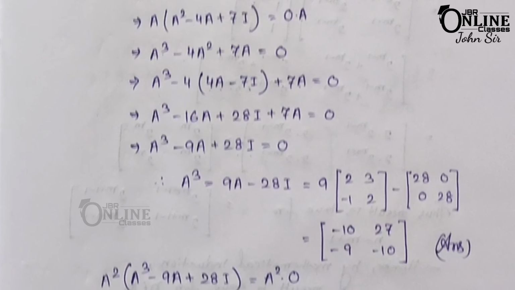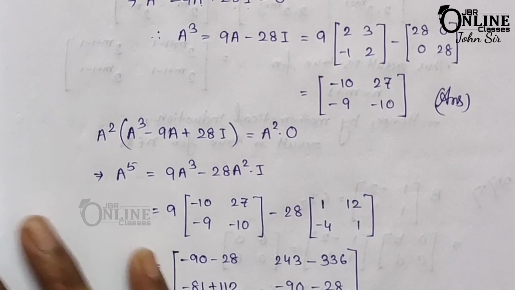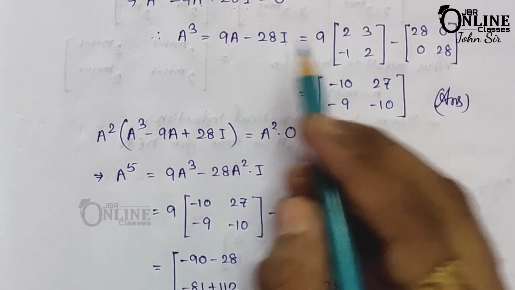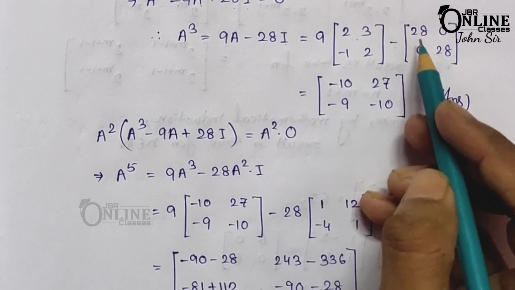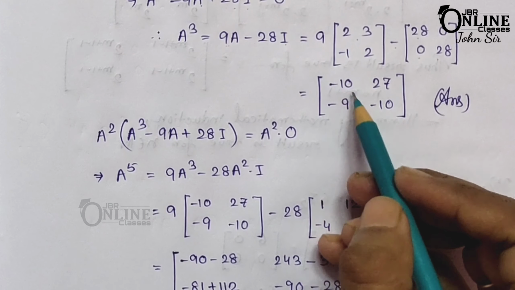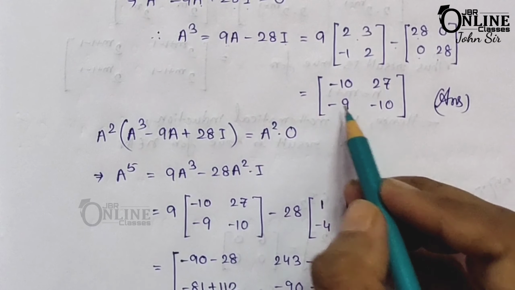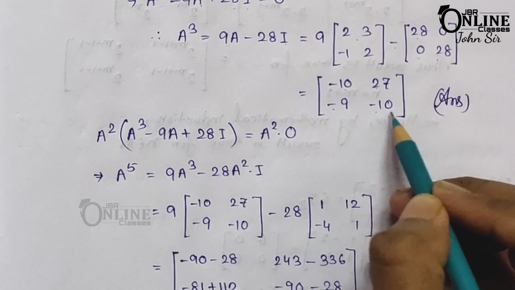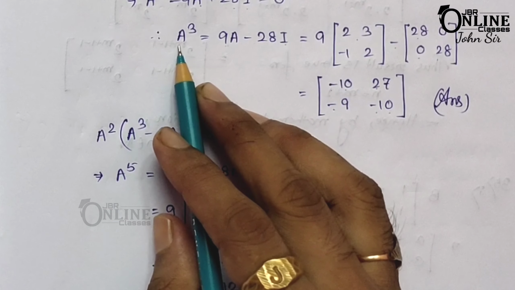And from that equation A cube will be 9A minus 28I. So 9 into A and then 28I. And from that you can easily find out the value, that is [-10, 27; -9, -10], the matrix of A cube.